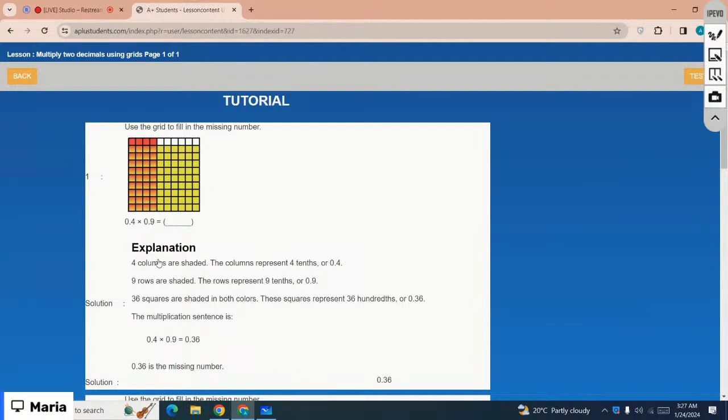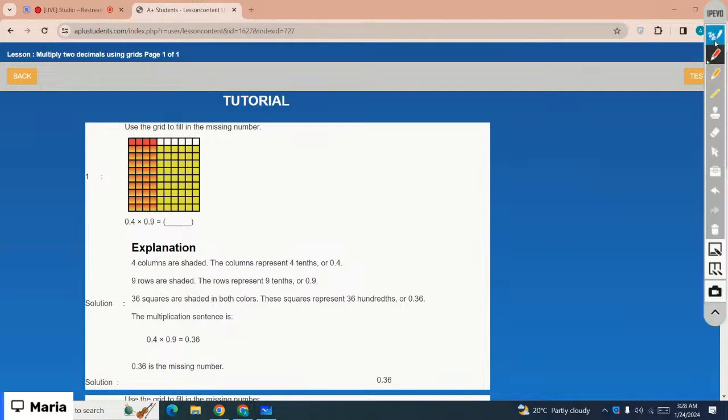Okay, use the grid to fill in the missing number. You have 0.4 times 0.9, right? Okay, first just understand the grid. Just look at the rows, like this, you have rows.